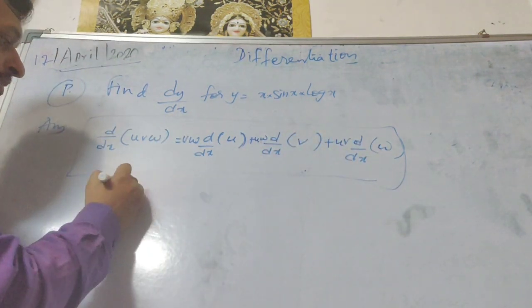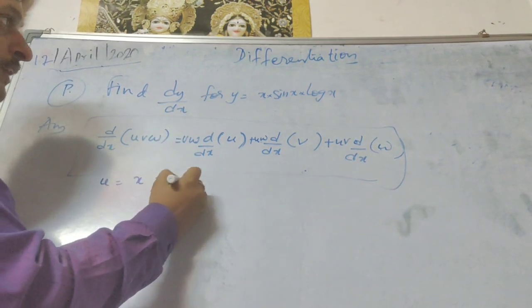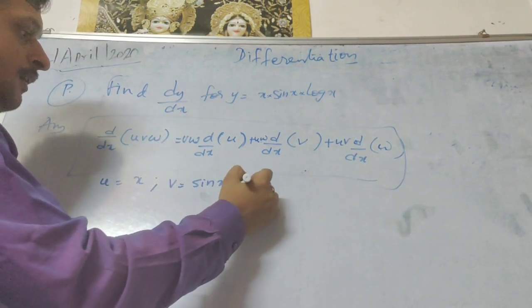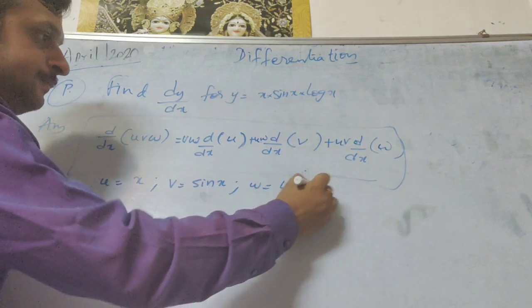Now by this you might have understood u equals x, v equals sin x, and w equals log x.